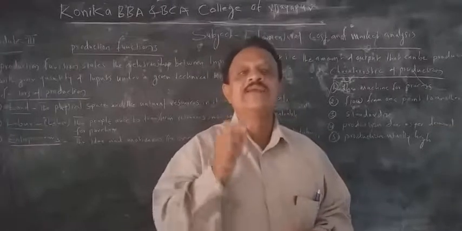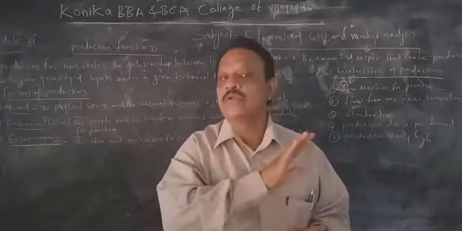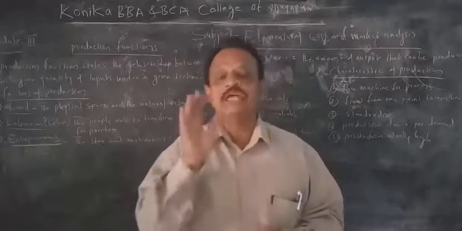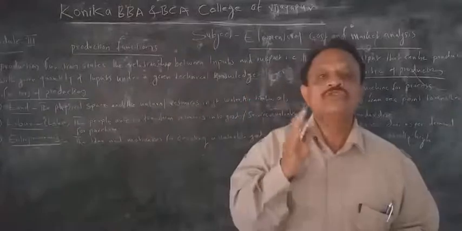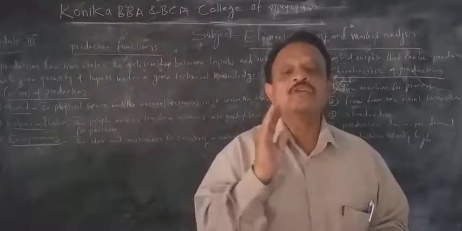This is one of the factors of production. Without this you can't start your factory, and you can't stay either. That is why land is the most important factor for starting your business, starting your production.